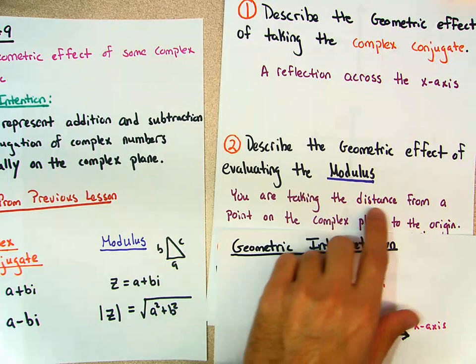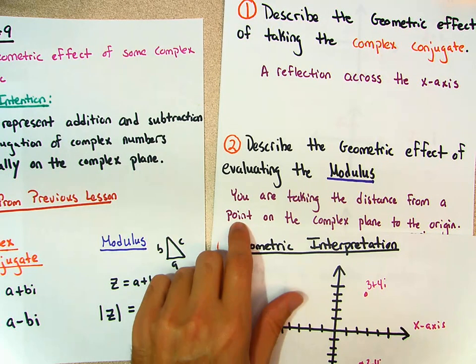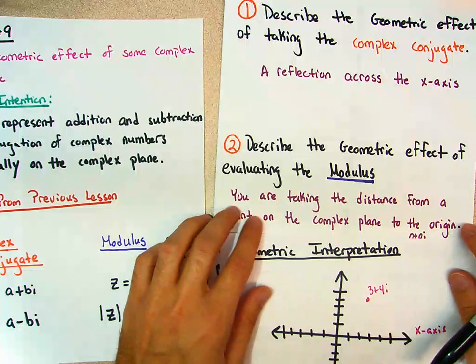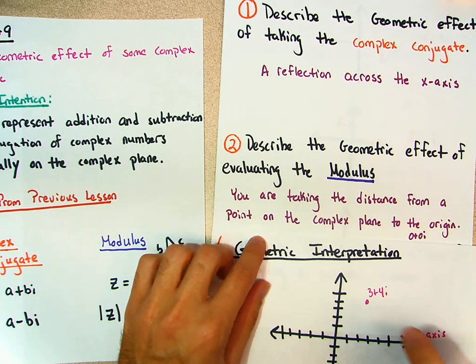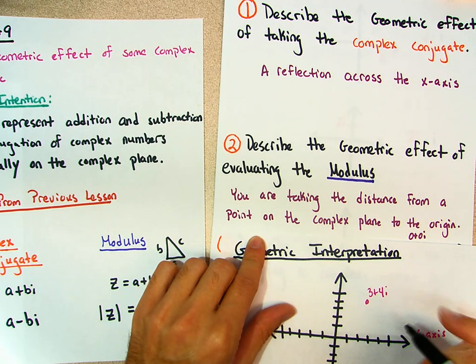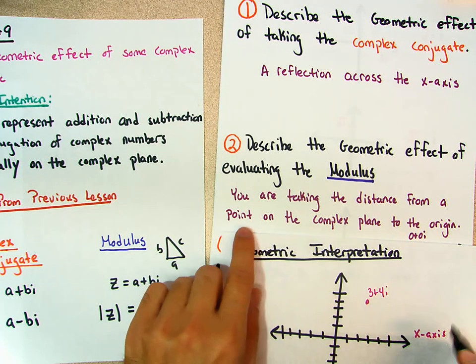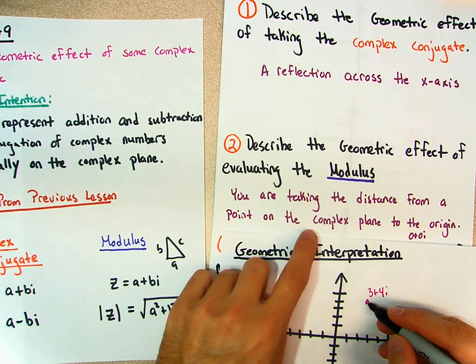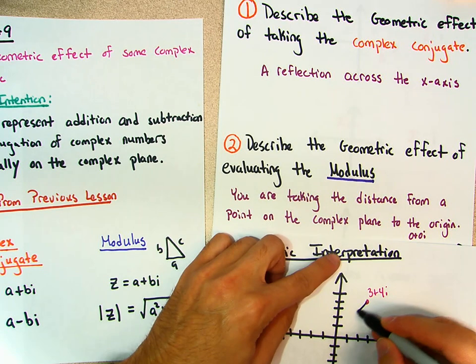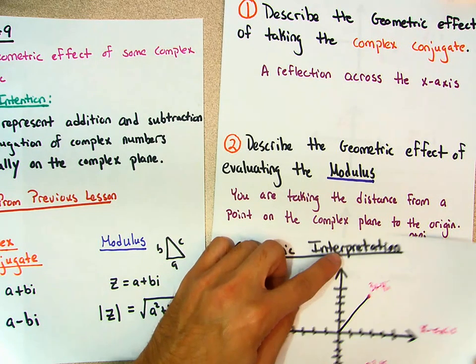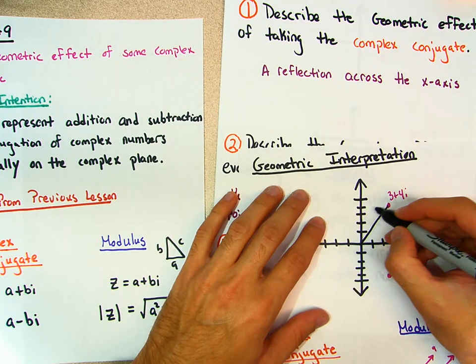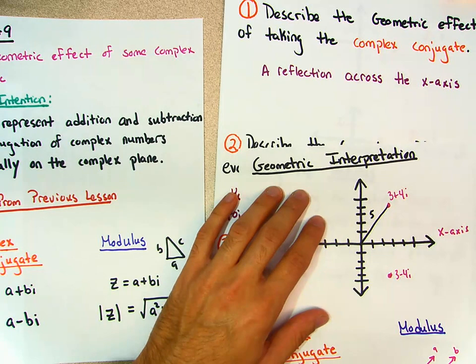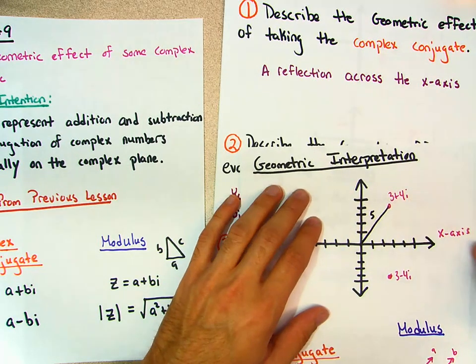You are taking the distance from a point on the complex plane to the origin. So here, this is the point. We are taking the distance from this point to the origin. And the origin is, boom, right here. So this distance from here to here is 5. Okay? That's the geometric interpretation.